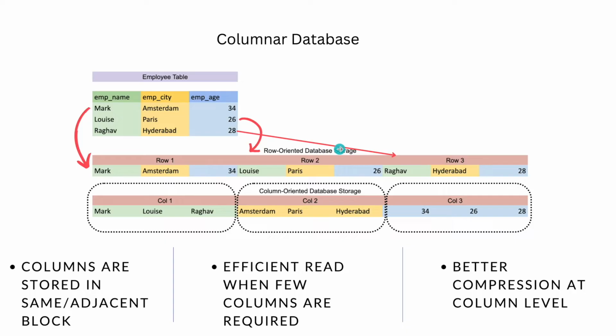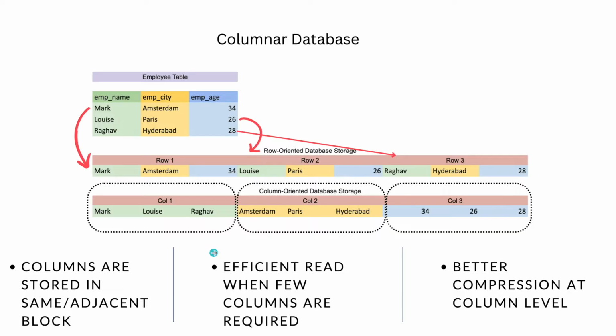In row oriented database storage, all the columns present in a single row are stored together. So this is one row, this is row 2, and this is row 3. In column oriented database storage, all the column values are stored together. So this is column 1, this is column 2, and column 3. So all the columns are stored in the same or adjacent blocks.